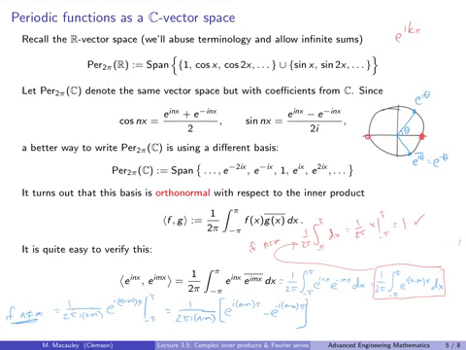This is pi radians, 3 pi radians, 5 pi radians. So e to the I k pi is negative 1 to the k, always. So this here is equal to negative 1 to the n minus m, and this is equal to negative 1 to the negative m minus n. And those are the same.